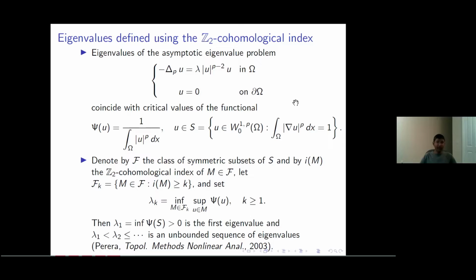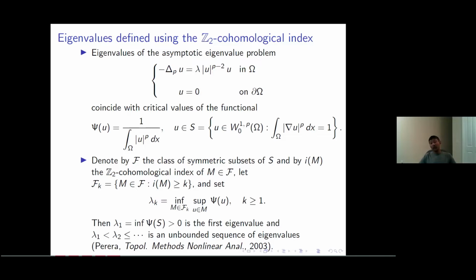And one can define an increasing and unbounded sequence of eigenvalues of this problem using a minimax argument. The standard way of doing this is to use the Krasnoselski genus.